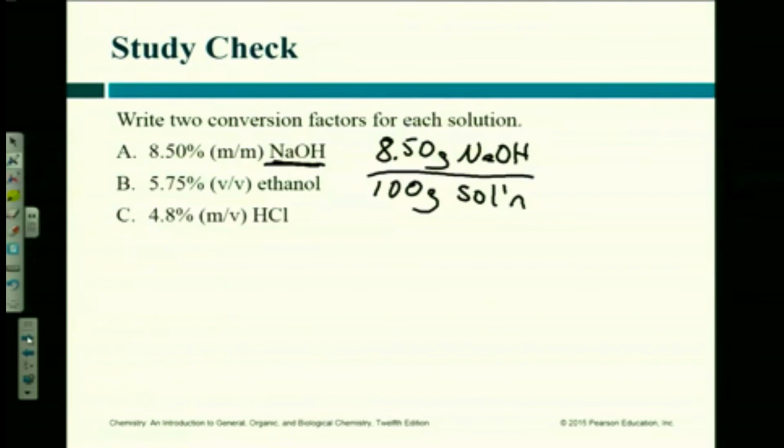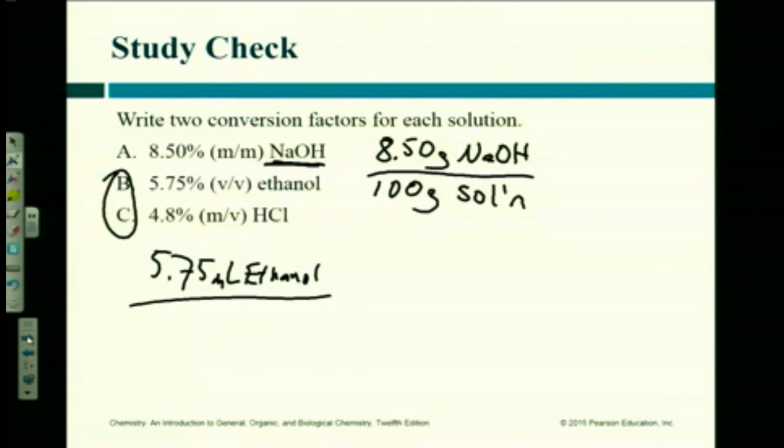So you guys should be able to write these other two. You should be able to write B and C. Do it real quick, and then we'll put it on the board. Okay? Ready? So, what do we have? 5.75 milliliters of ethanol over 100 milliliters of solution.